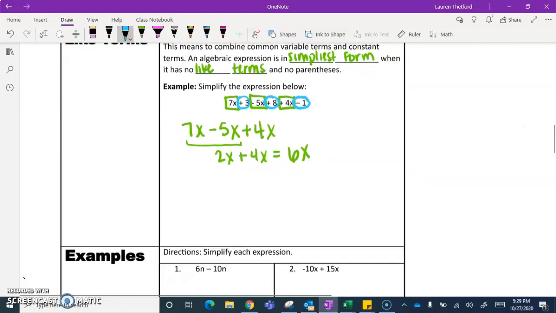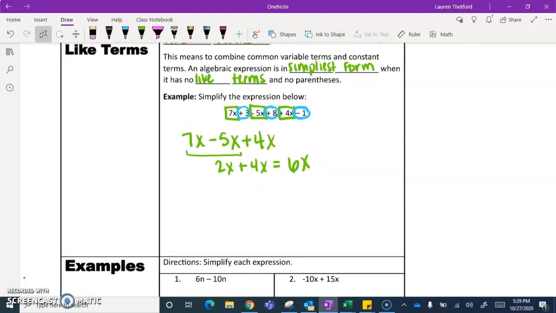Now we're going to do the same thing with everything without a variable. Those are our constants. So we have 3 plus 8 minus 1. 3 plus 8 is 11, minus 1 gives me 10. So now my new simplest form expression is 6x plus 10.